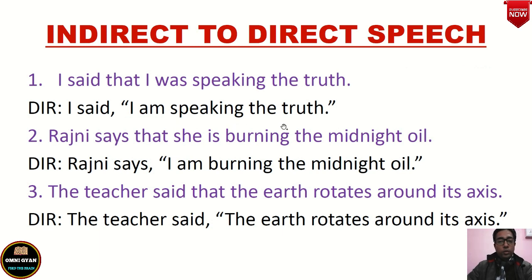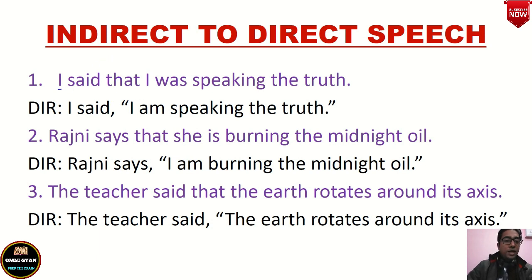All right. Okay. Now let us say number one. So I said that I was speaking the truth, right? Now what will be the answer in the direct speech? As I told you, now in direct speech you will have to put commas and inverted commas and make it a form of a dialogue. आपको इसको एक dialogue में convert करना होगा. सबसे पहले यहाँ पे भी you find out the speaker first.